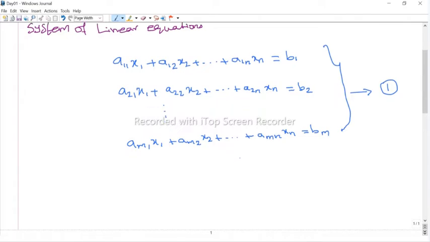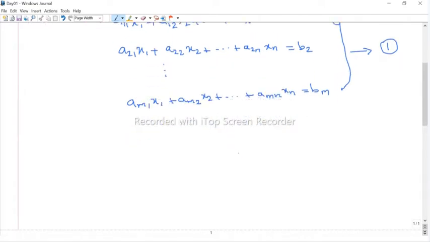Here x1, x2, etc., xn are the unknowns, and we have to find them.